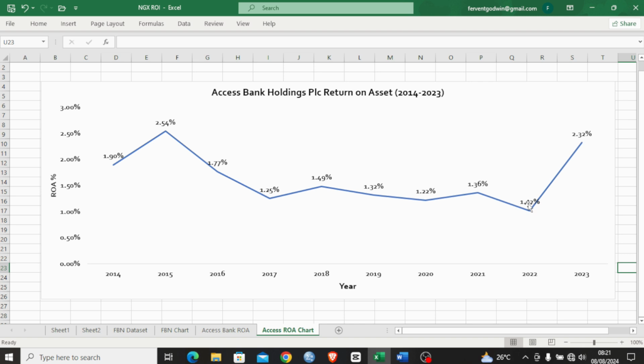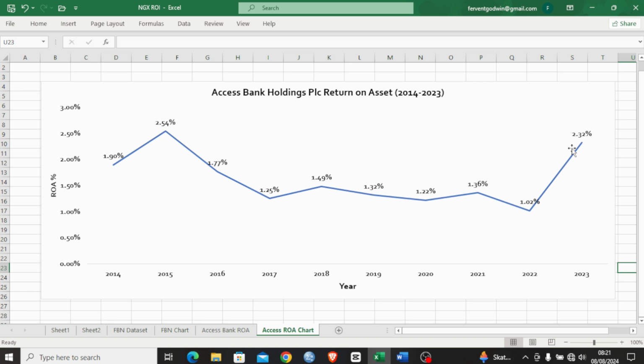And then we could see how their operational efficiency spiked up their return on assets from 2022 to 2023. This is over 100% increase, and this is actually okay.